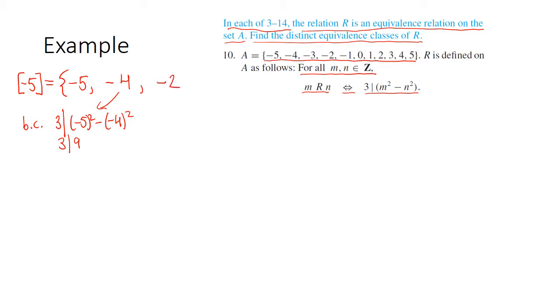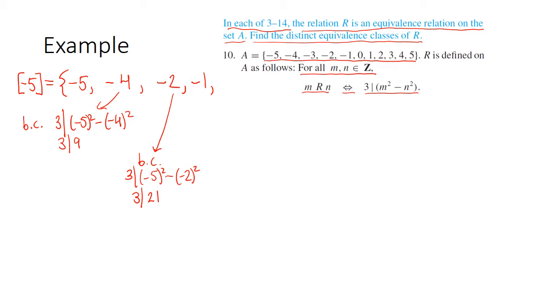So I think -2 is in there, and I'll just put a little sidebar here: that's because 3 divides -5 squared minus -2 squared, because that would be 3 divides 21. Okay, what else? -1: if I do 25 minus 1, I get 24, which is divisible by 3, and I'm not going to list the rest of the reasons, but that's why that one is there. 0, no, because 25 minus 0 would be 25, which is not divisible by 3.